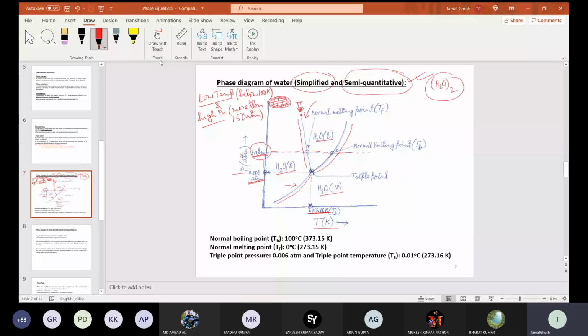In case of water, it is correct. We are using these names to denote these phases. That is correct. Okay, but in general, these two are not the same thing, or these two are not synonymous.